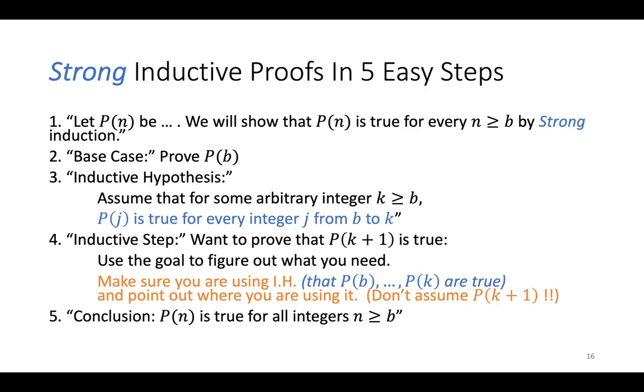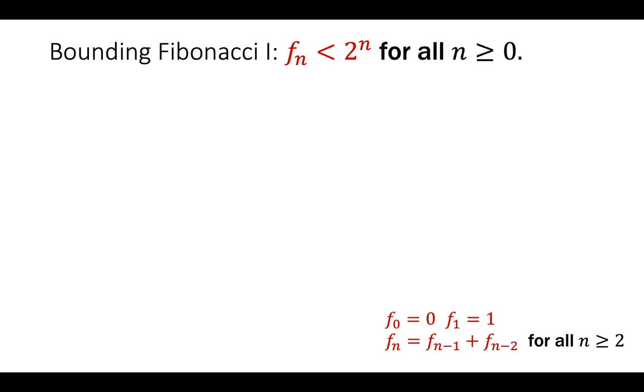Here is that, and we can use strong induction to prove this. In this case, I want to show the two bounds of this Fibonacci, the upper bound and the lower bound. The first time we're going to see the upper bound.